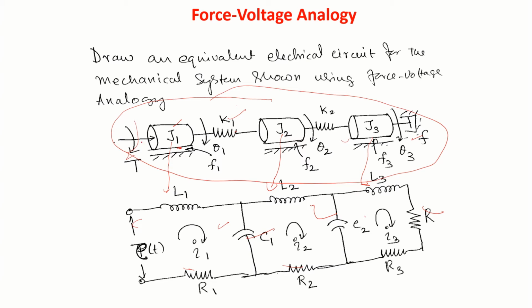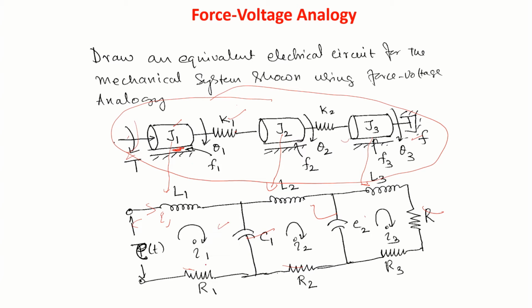If you have not understood, please see that force is applied here on J1. What is its displacement? Theta 1. So what should be the current flowing through that? I1. What is the velocity of this? Theta 1 dot, so current should be I1.